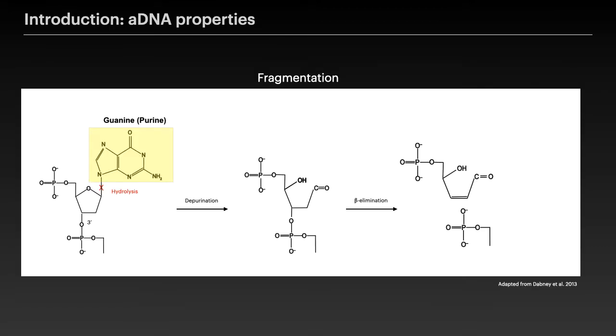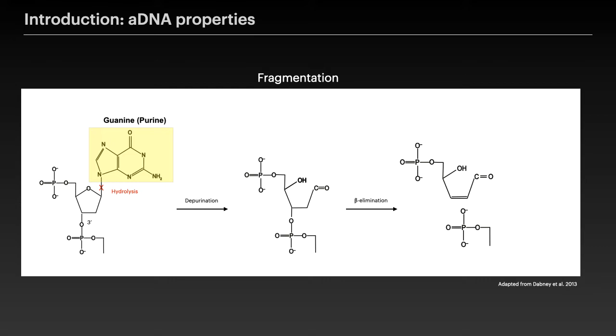So the mechanism for that is basically a two-step process. First we have hydrolytic effects on the sugar-base bond. The base is removed. So in this case we have the removal of guanine, a purine. So we have a depurination. And then through beta elimination, the phosphate group at the free end of the DNA molecule is removed, leading to DNA fragmentation.